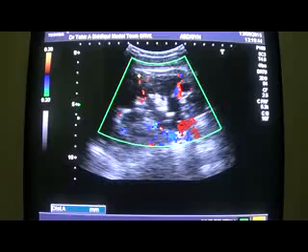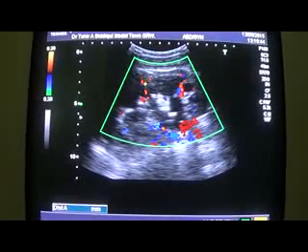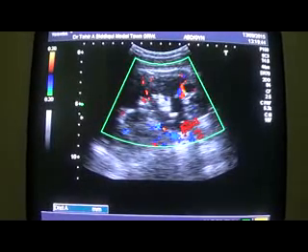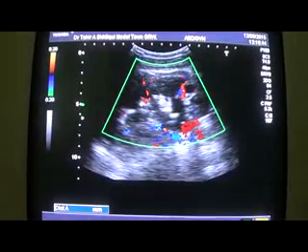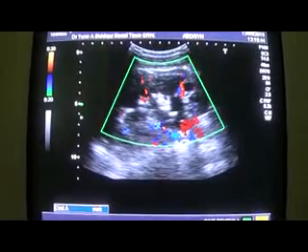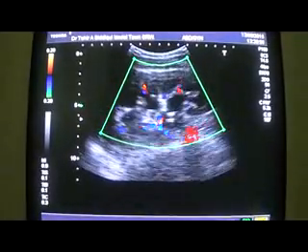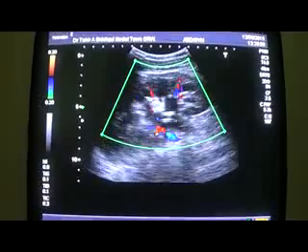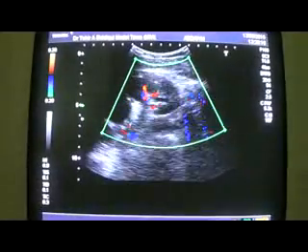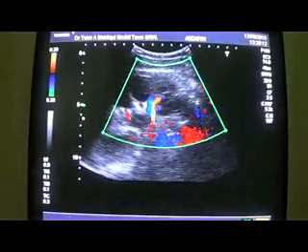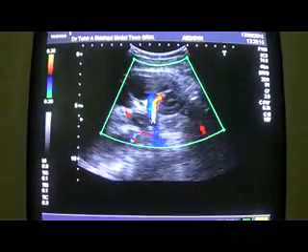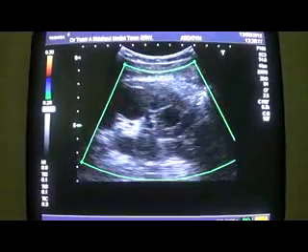These are the arcuate vessel arteries, and here you see we do see blood supply to all of the renal parenchyma. At the hilar region, we do see patent artery and vein.